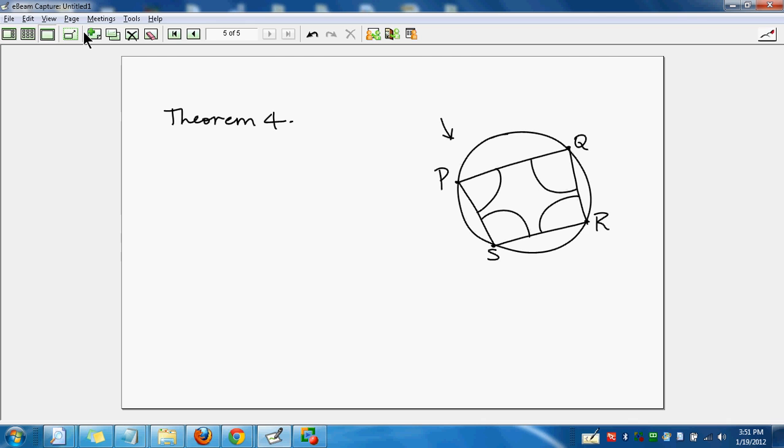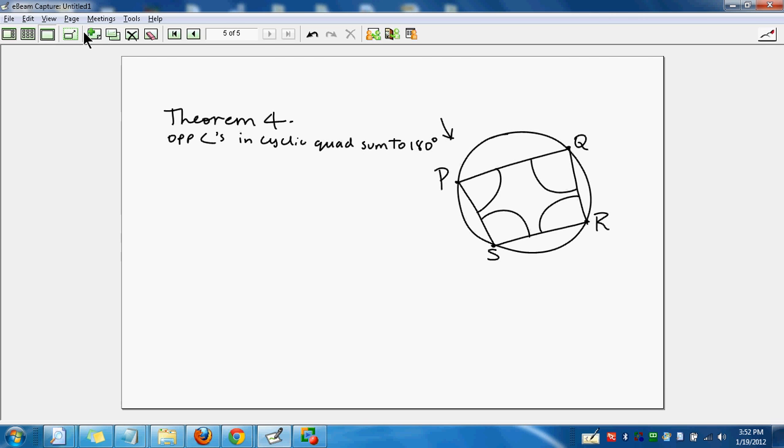So you could write that opposite angles in cyclic quad, short for quadrilateral, are supplementary, or you could put sum to 180 degrees. Okay, so you shorten it up accordingly because you'll have to be stating that in the exam, right? When you're using the theorem.